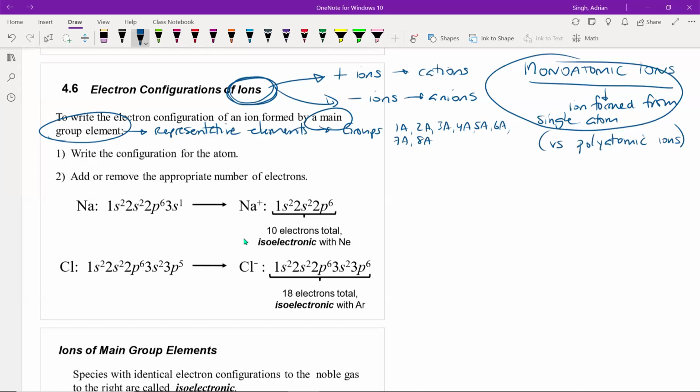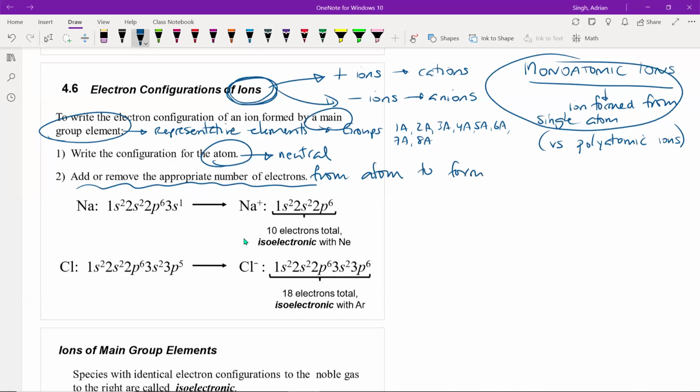So the first thing that we need to do is to go ahead and write out the configuration for the atom. Remember, atoms by definition are electrically neutral to begin with. Okay, and then we can add or remove the appropriate number of electrons from that atom to form the respective ion.